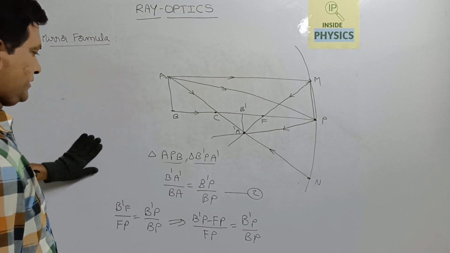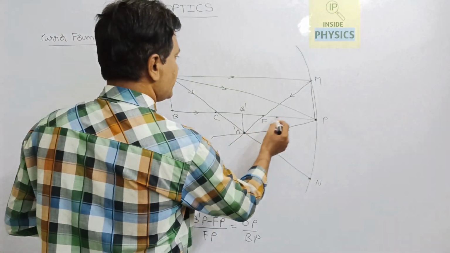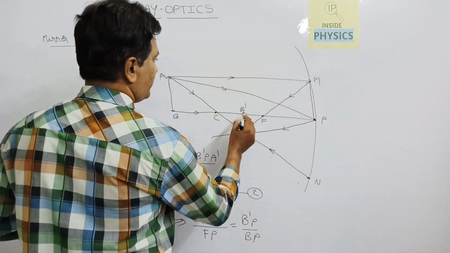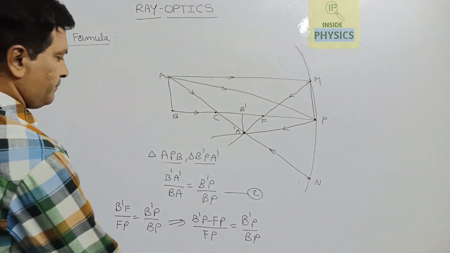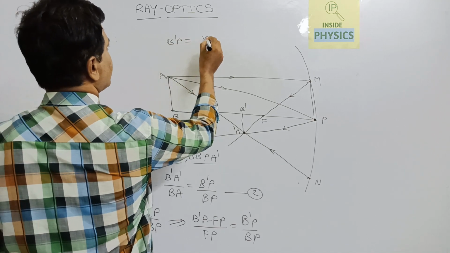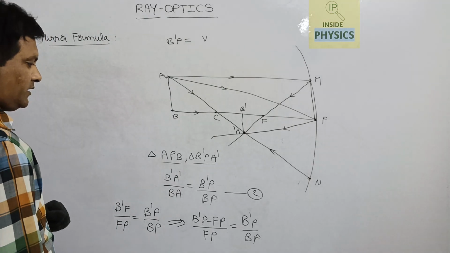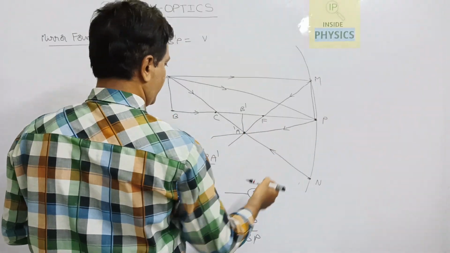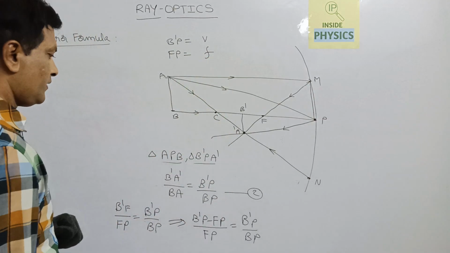See B dash P: this is the image, so B dash P is the image distance. Image distance is represented with v, and object distance is represented with u. FP is the focal length.